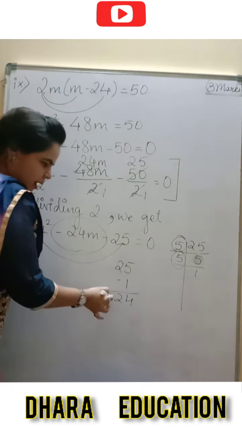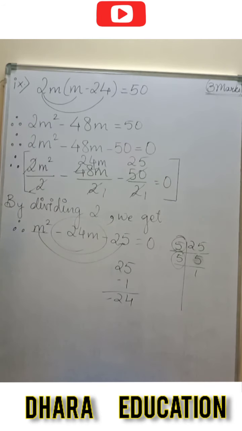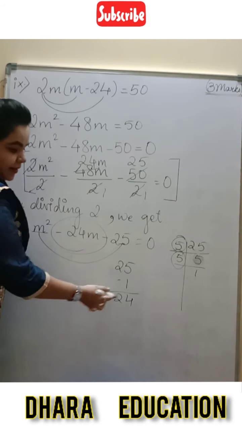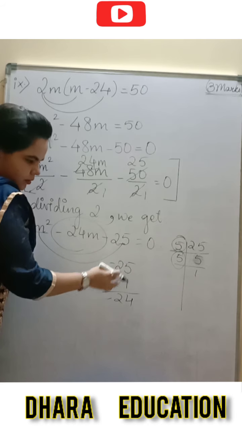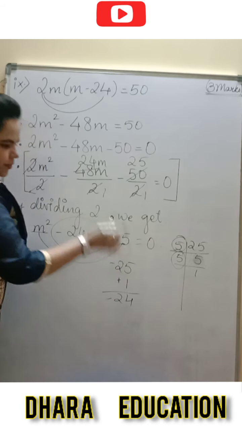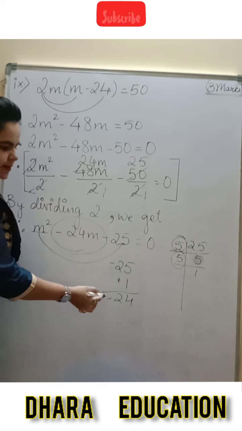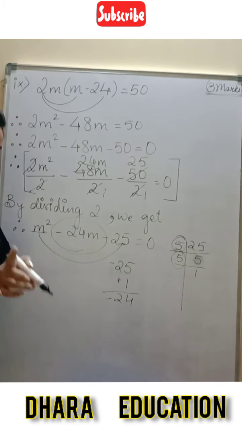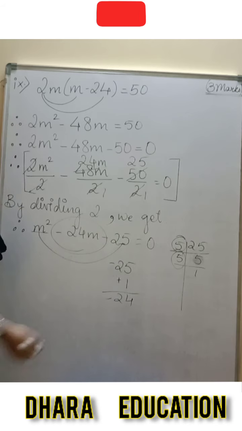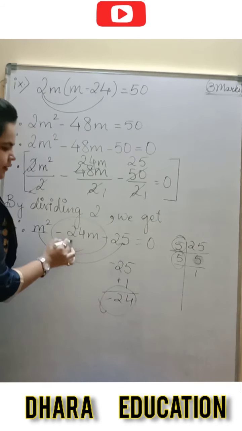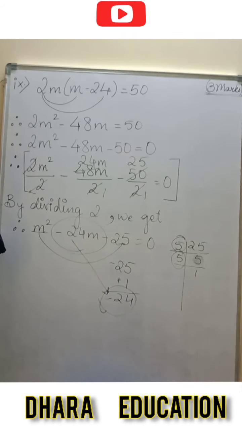And if it is minus 24 as in the middle term, then we have to take what? So to get minus 24, we need to add minus over here and plus over here. You will get the answer minus 24. Plus 25 and minus 25 and plus 1. You will get this factor.